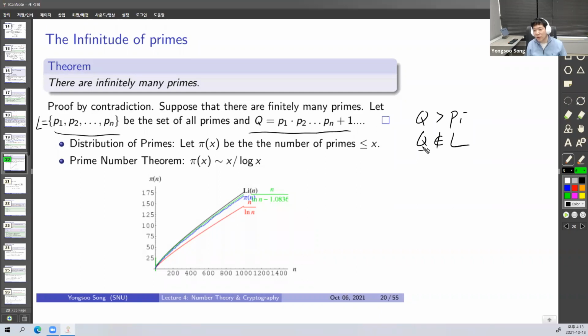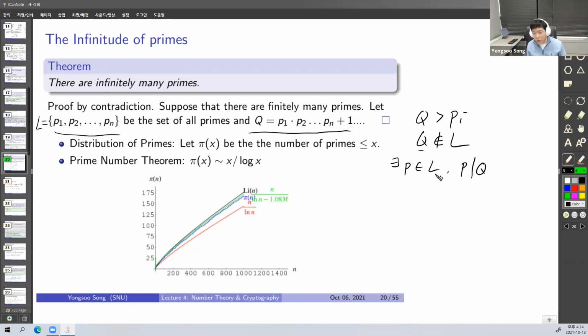But in the previous lemma, we already showed that, from the fundamental theorem of arithmetic, q should have a prime factor. So there exists a prime p, meaning that this p should be an element of L, because L is the set of all primes, such that p divides q.